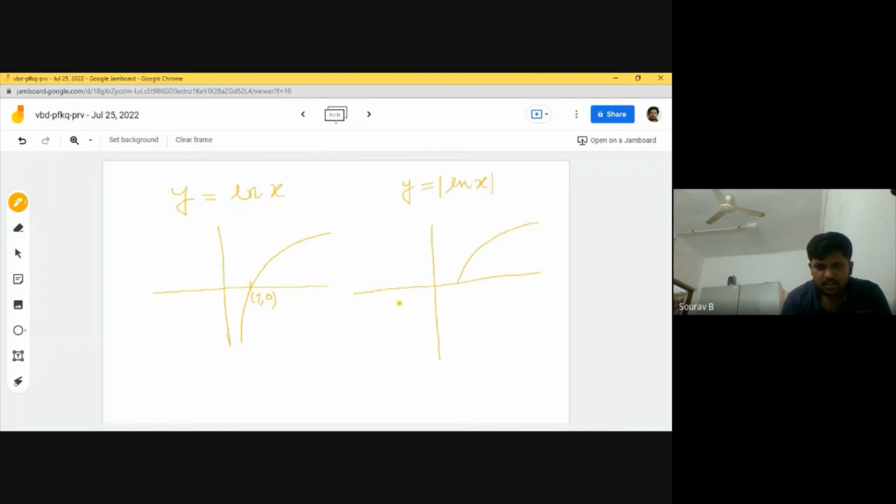And on the left side of 1, whatever you were having, you will take an image of that portion with respect to the x-axis. It will look something like this. So this is my y equal to mod ln x.